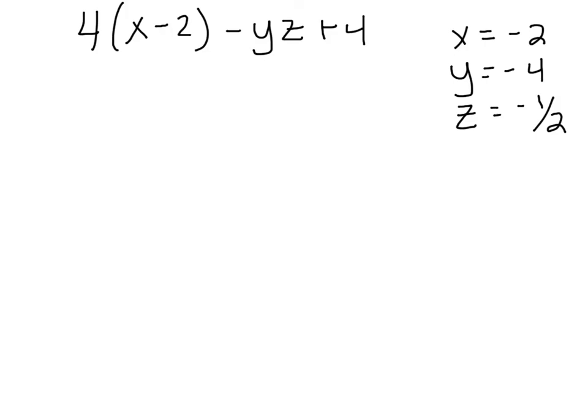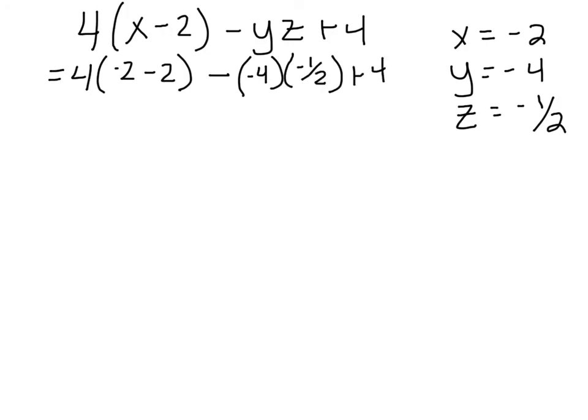So I'm going to plug in my values. 4 times the quantity, and my x is really that negative 2 minus a 2, minus, and my y is a negative 4 times the z, which is a negative a half, plus a 4. So I have to do what's in my parentheses first. Leave my 4 alone, and negative 2 plus a negative 2 is a negative 4, minus, and I'm going to do this piece here, negative 4 times a negative half.